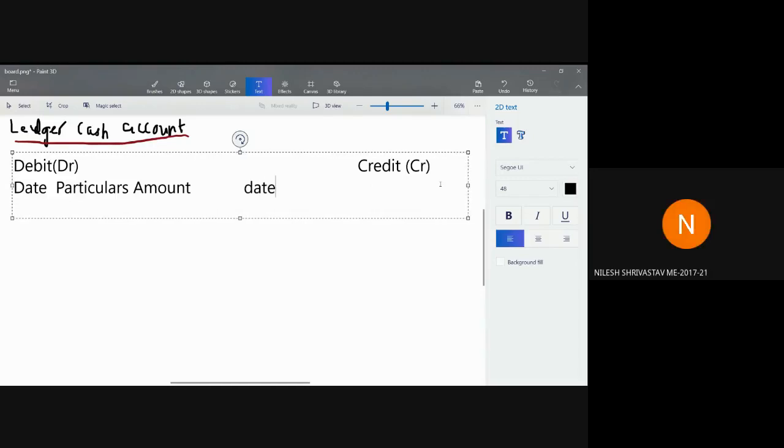Ma'am, there's one more. Yes, ma'am. Folio number. Folio number is also there. No, in the ledger entry, folio number is missing. Correct. Folio number, I'm going to ignore it. Okay, let's make it more precise. I'm going to add a folio number also.